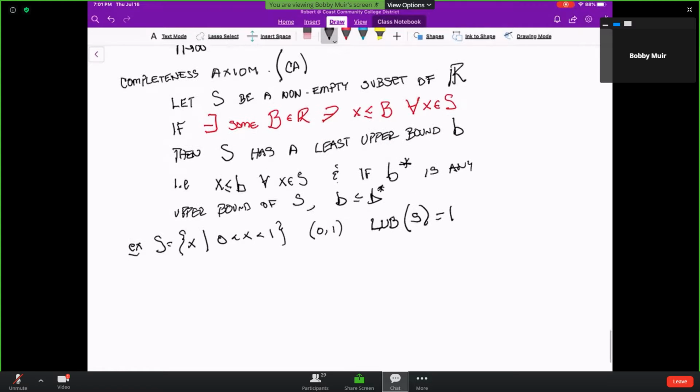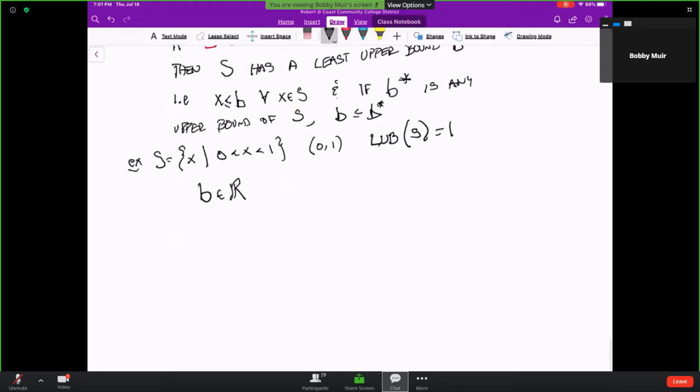Okay. Now, what is being said here is that in the proof, B is yet another real number. Okay, so is B star. Now here's where it fails.